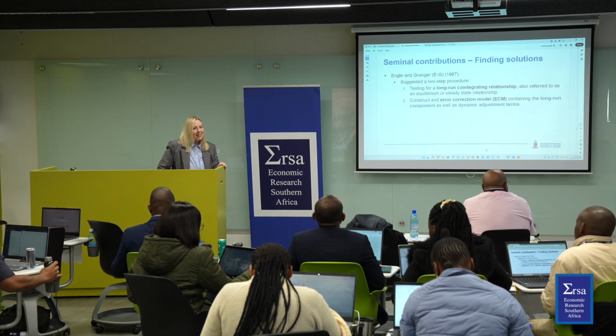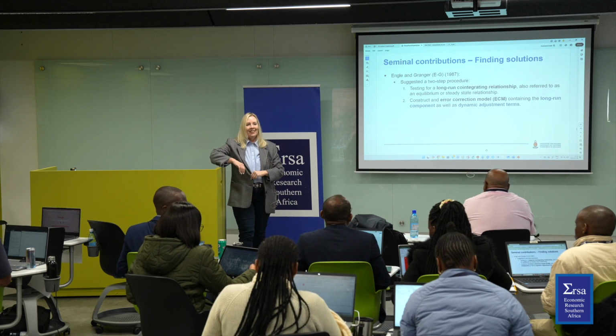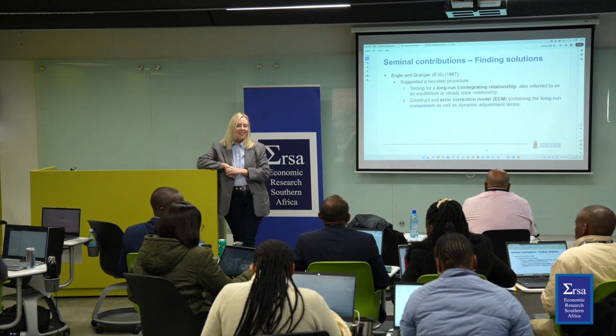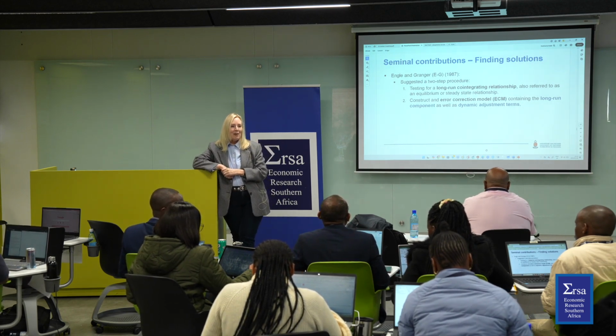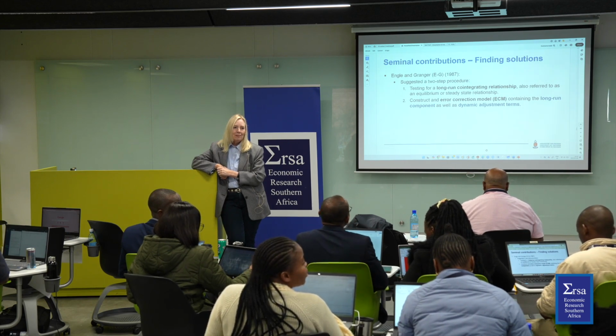Yes, Marema? What you just explained changes thinking. Is that good or bad? I've seen quite a number of papers. I don't know if it's wrong, but I've seen quite a number of papers which follow testing unit root. They find that it is not stationary.